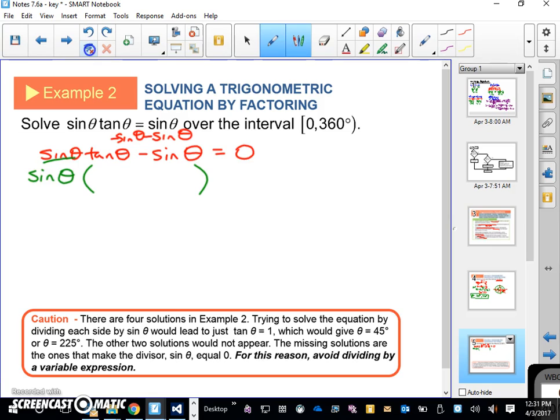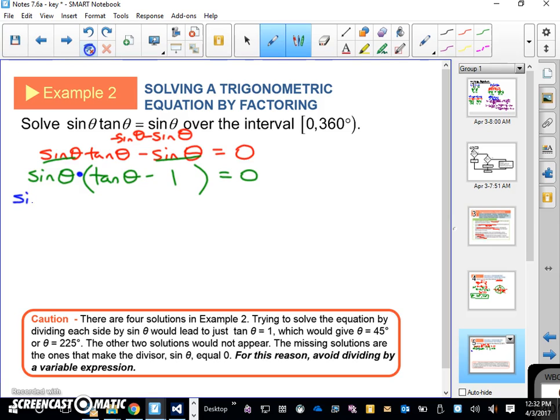And so if I divide out that sine theta, I would have tangent theta minus 1 equals 0. That's what makes this go. There's something called the zero product property that says that if you've got two things that multiply together to make 0, one or the other is going to have to be 0. And so that's what we use here.